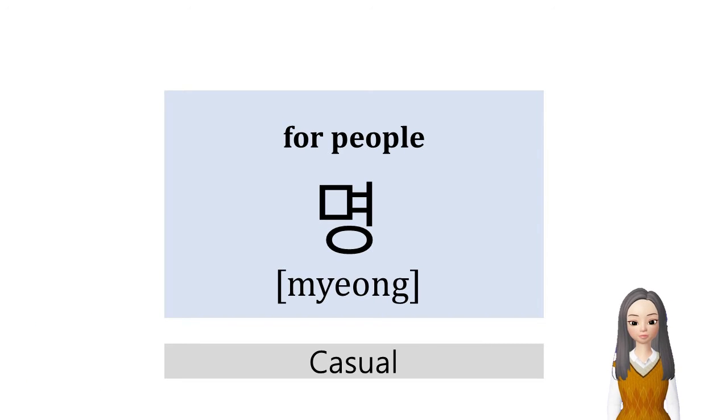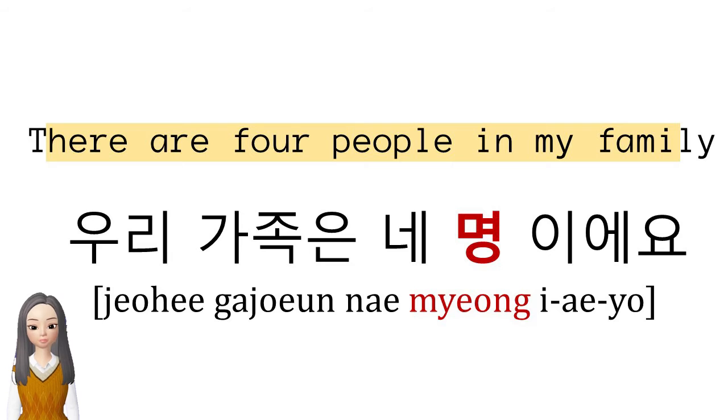The second counter that we use a lot is for people. 명. However, for people, we have 2 different counters depending on the type of speech. For casual type, we would use 명. For example, if you want to say the sentence, there are 4 people in my family, we would say 우리 가족은 4명이에요.